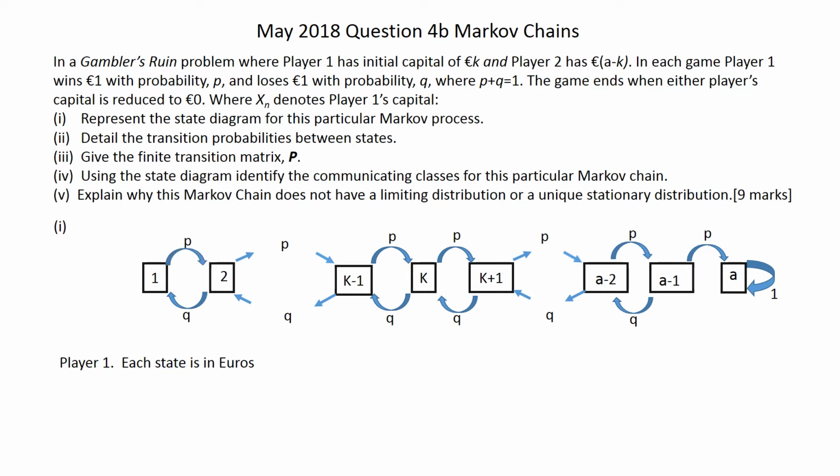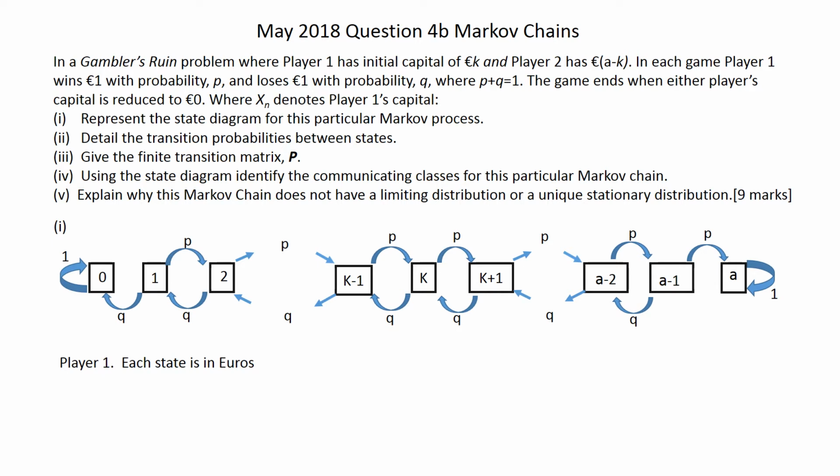If they've €1 left and they win with a probability of P, they're back up at €2. But if they have only €1 and they lose that game with a probability of Q, they end up with no euros. That means they've lost the game. They're going to stay with no euros with a probability of 1. So that means they are not moving out of that state.